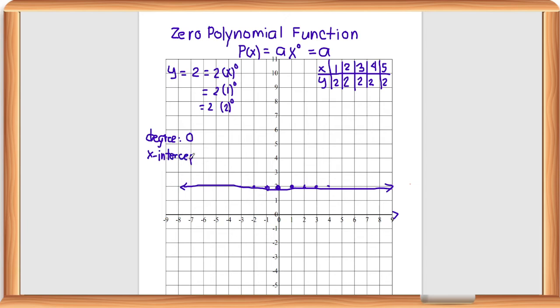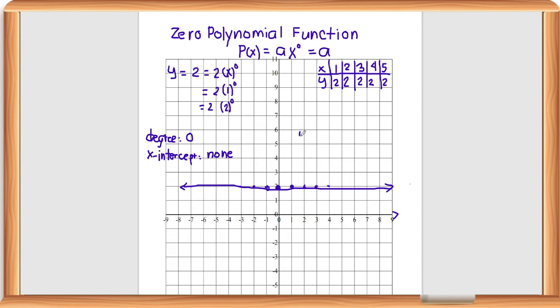The y cannot equal 0 here, because all throughout it is 2. Or, the x-intercept means where the graph passes through the x-axis. As you can see, it is parallel. There is no way that it will pass through the x-axis. So therefore, there is none. You have no x-intercept for the zero polynomial function.